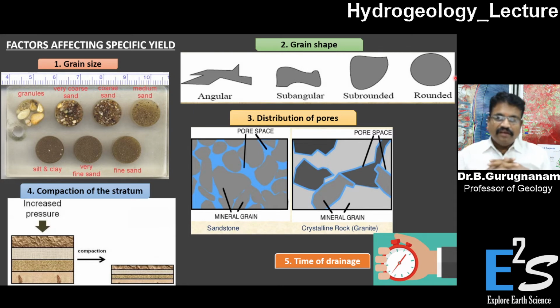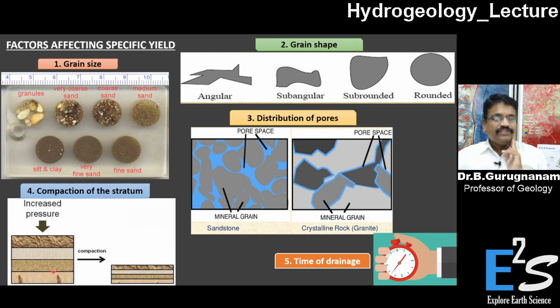There, the pore spaces are high, permeability is high, yield is also high. And distribution of pores in a mineral grain like sandstone, you can find the distribution is high. In minerals like granite, because there are only cracks and fractures, the pore spaces are less. Again, the yield is relatively less.